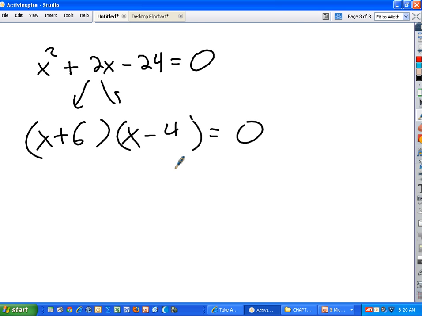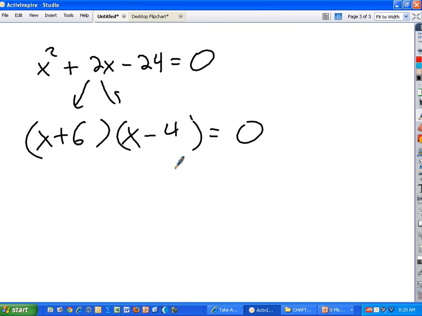Kyle's got an idea. Negative 1? Not negative 1. 0. Ignore even what these factors are for a second. I've just got this times that. I've got left hand times right hand.